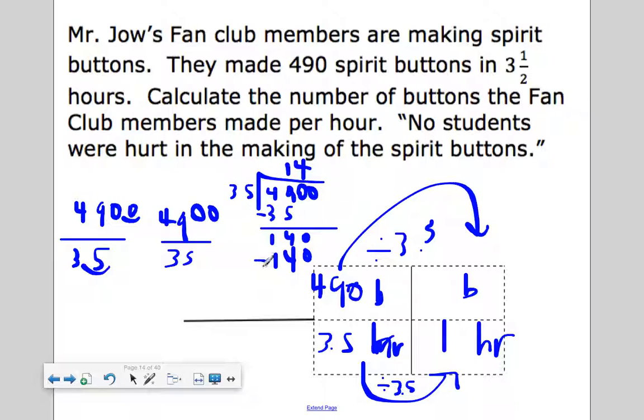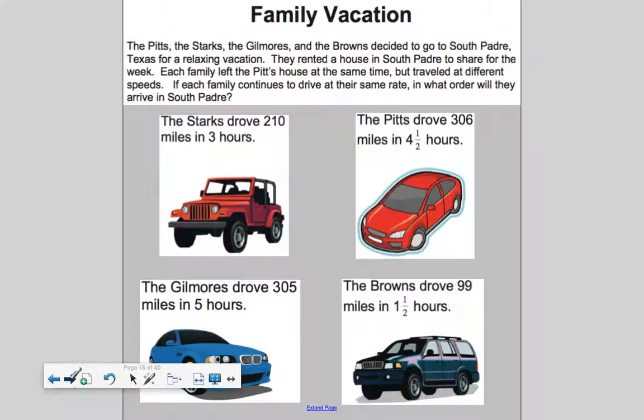They say, I'm done, 14. No. Do you remember the 0? You got to bring down that 0. Can 35 go into this 0? 0 times. Make sure you put 0 here. So my fan club makes 140 buttons per hour. Each hour, 1 hour. That's a lot of buttons. But in 3.5 hours, and I don't even give them a break, they can make 490 buttons.